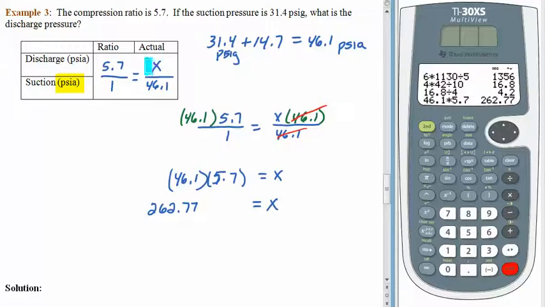Well, here we are. That's actual discharge psia.